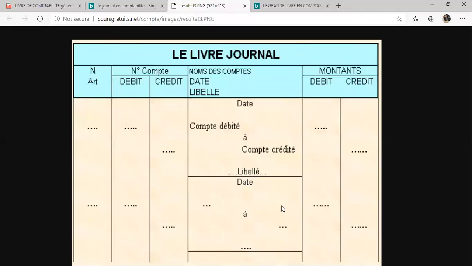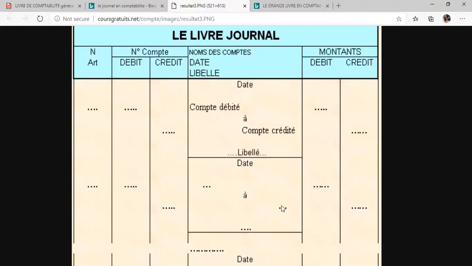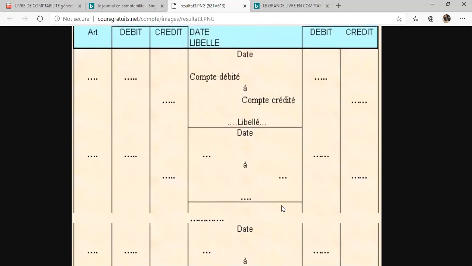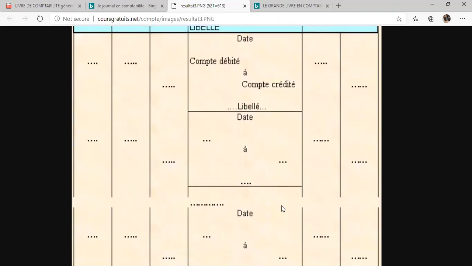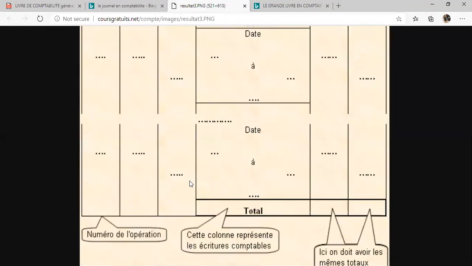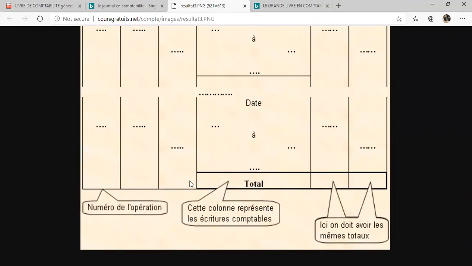It means this account is closed, so you'd have nothing more to do with it. The procedure follows suit and is the same throughout. You'd have another transaction on a later date and record it the same way: compte débité, compte crédité.